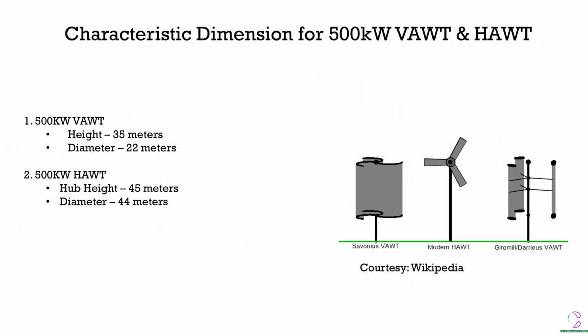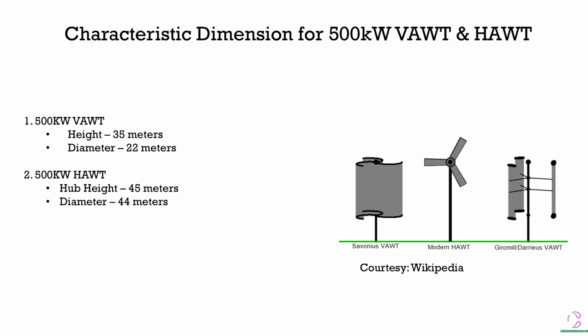So, characteristic dimension for a 500 kilowatts VAWT and HOT. For a vertical axis wind turbine for 500 kilowatts, we have 35 meters height and a diameter of 22 meters. For a horizontal axis wind turbine for the same capacity, you have a hub height of 45 meters and a diameter of 44 meters.